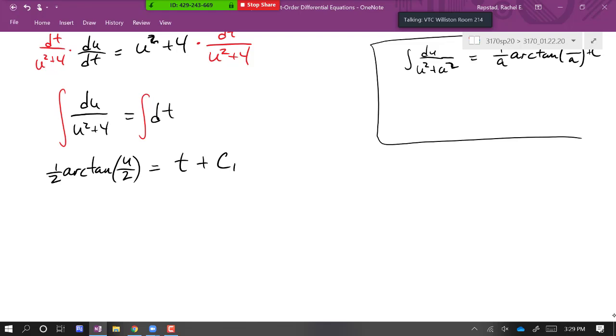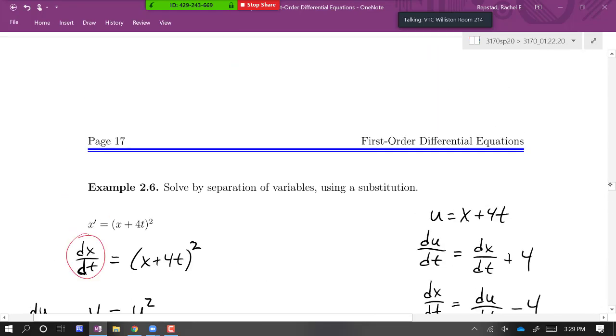If we just look at the original equation that we started with, it says solve. What does it mean to solve a differential equation? What is it that we're looking for?